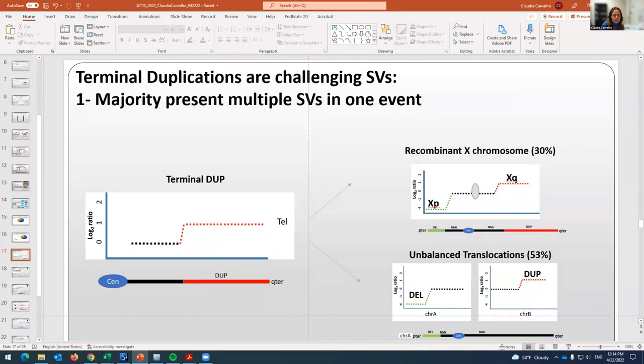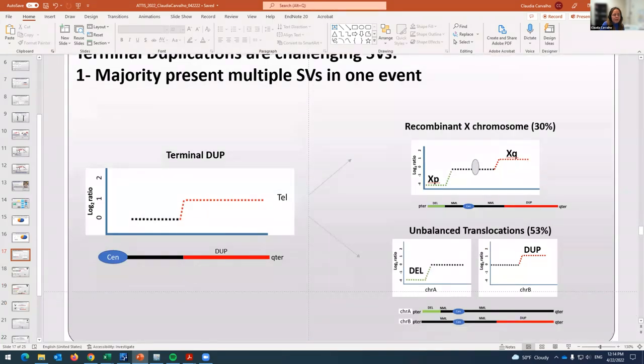So it turned out that the terminal duplications are pretty diverse types of duplications, and they are actually complex rearrangements for the most part. One type of terminal dupe that we see in this cohort is recombinant X chromosomes, which constitute 30% of the cohort.